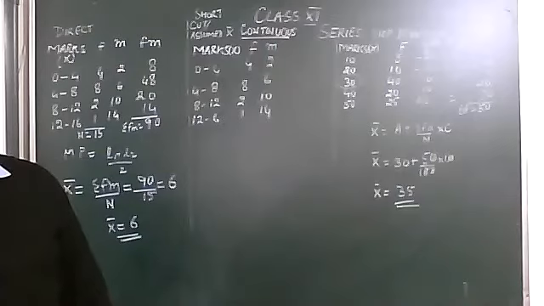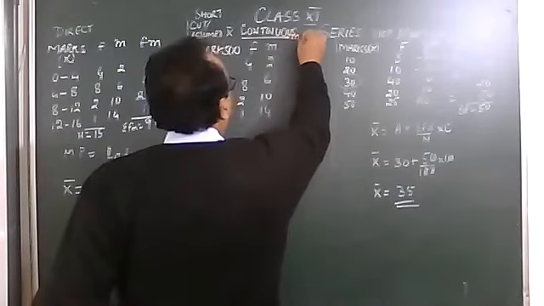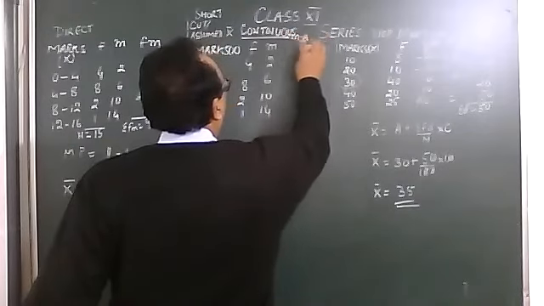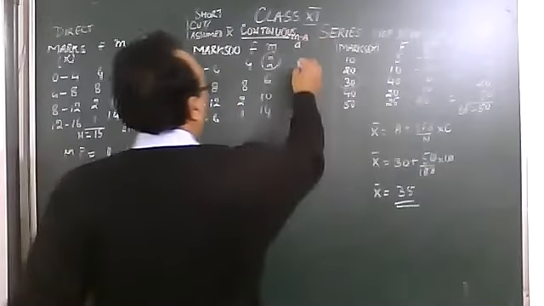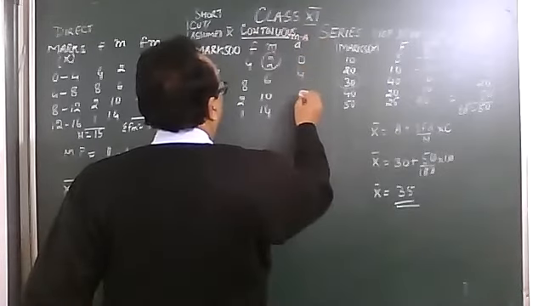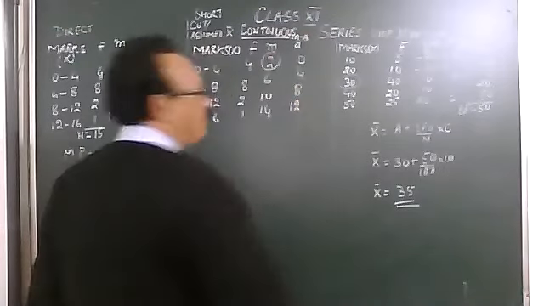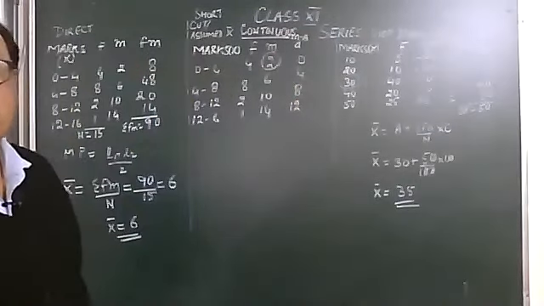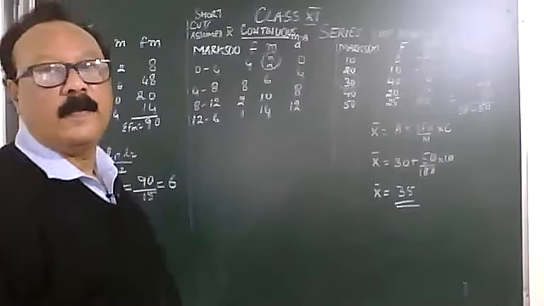From the midpoints, any value. So m minus a to get d. And let us say we assume 2. 0, 4, 8, 12. Okay, we assume 2.